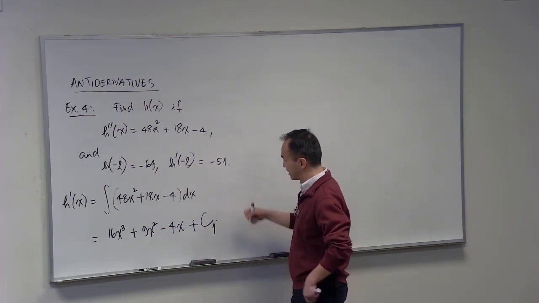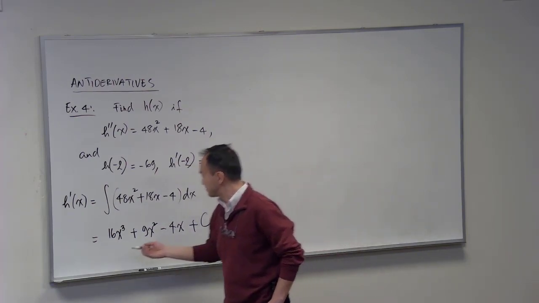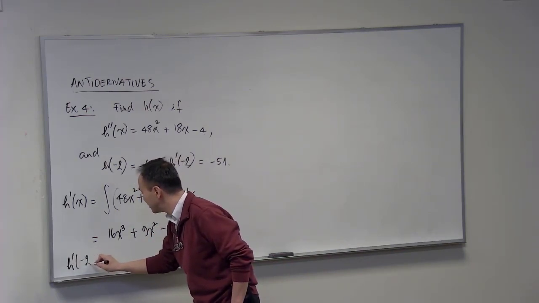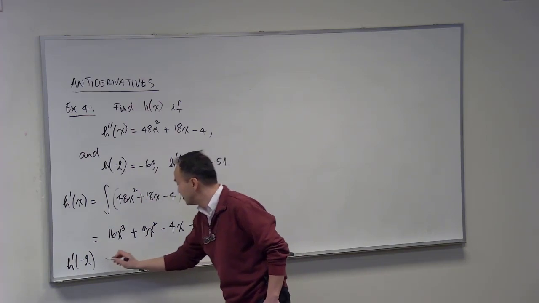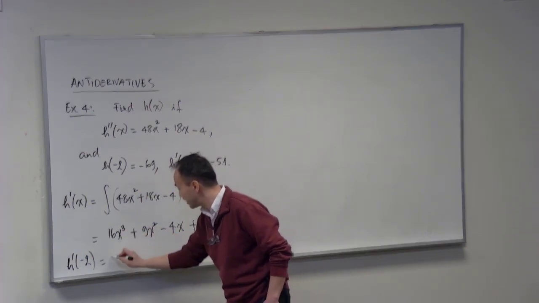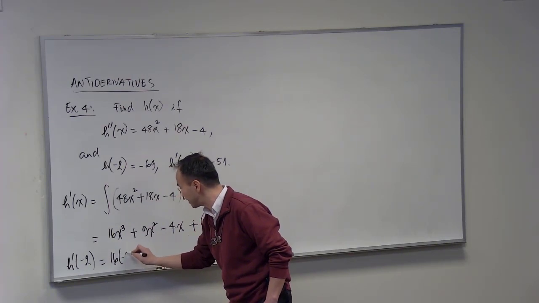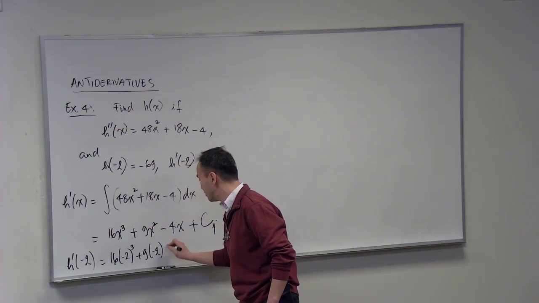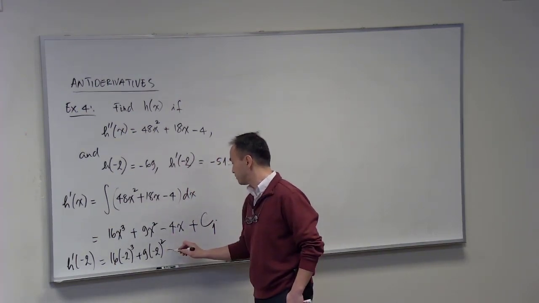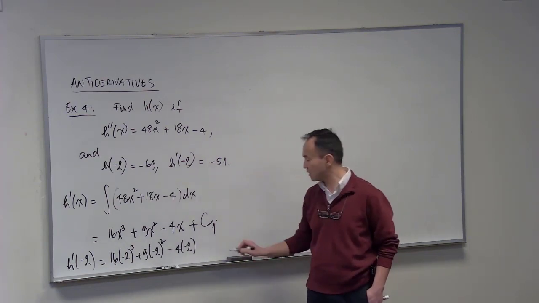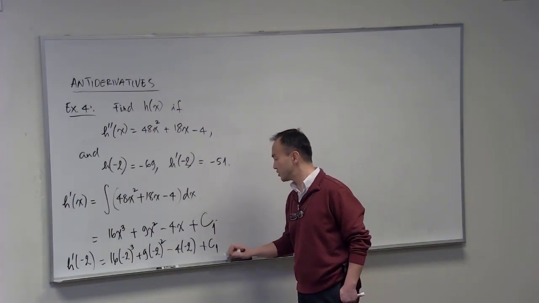So we can take that information: h prime of -2, according to the math we have found, is going to be 16 times -2 cubed plus 9 times -2 squared minus 4 times -2 plus C1.